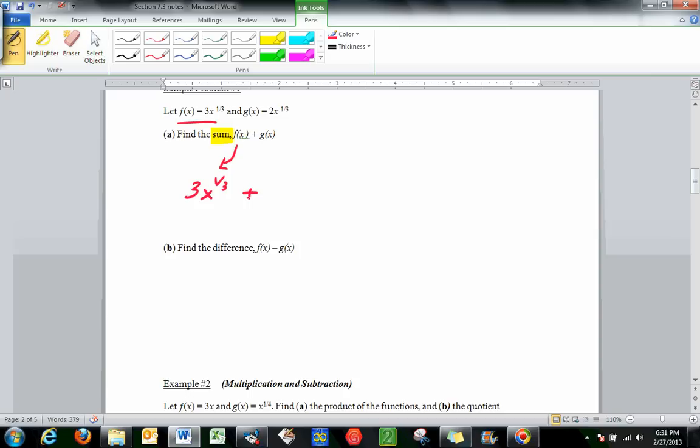And of course, I'll simply add that to the defined term of g of x, which is 2x to the 1/3. Since these expressions have common terms, we can simply combine the coefficients, giving us 5x to the 1/3. And so that's our simplified or new function.